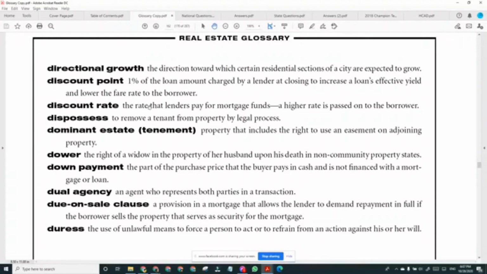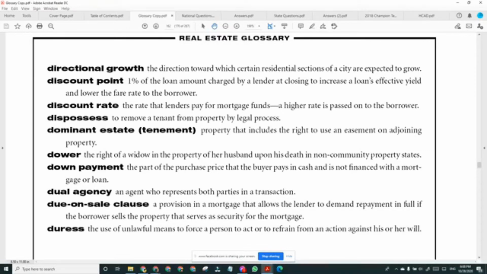Okay, discount point, 1% of the loan amount charged by a lender at closing to increase a loan's effective yield and lower the rate to the borrower. So an individual will pay a certain amount, okay, to reduce their interest rate, thus reducing their monthly payment. And this will be paid at closing when negotiating the interest rate.